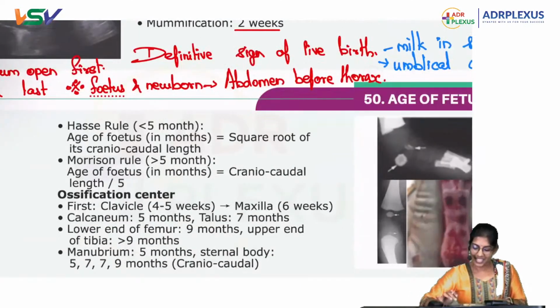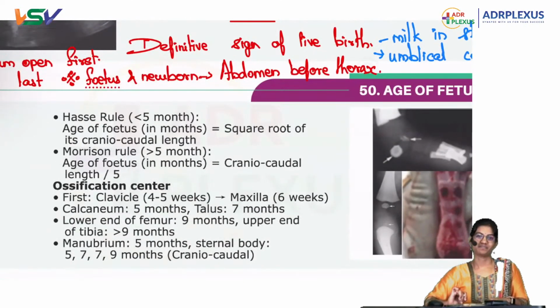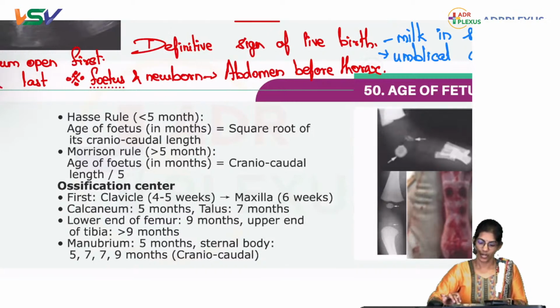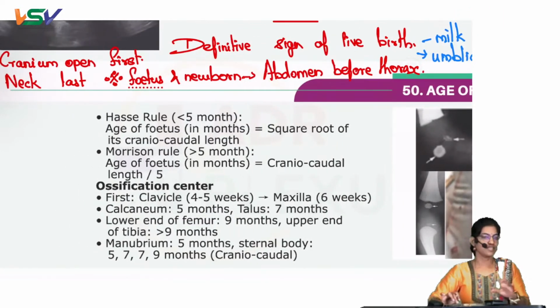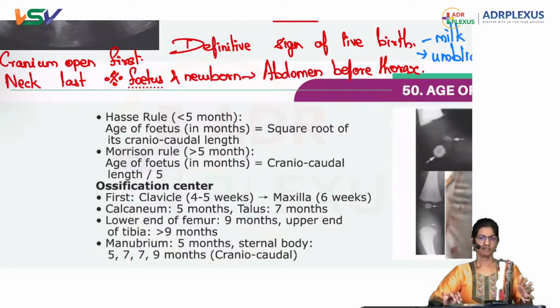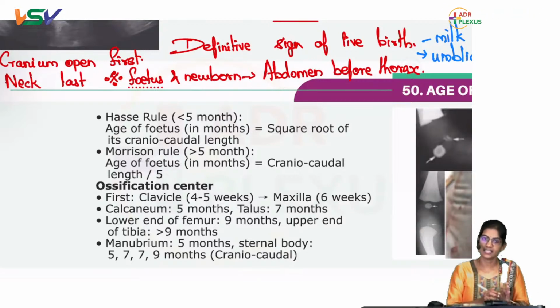All right. Let's see the age of the fetus. To know the age of the fetus, there are two rules mainly. Very simple rule, very easy. You get the complete length of the fetus. You apply Hess rule if the fetus is less than 5 months, or I would say if the fetus is less than 25 centimeter.